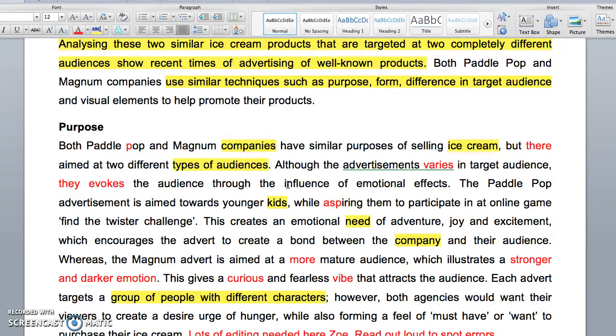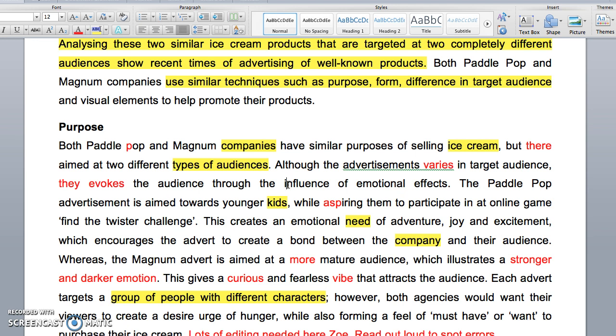The purpose of advertising is to make the target audience remember the product and to create a desire in them to purchase the product. And they do that through building a desire, or appealing to a specific desire or value within their target audience.